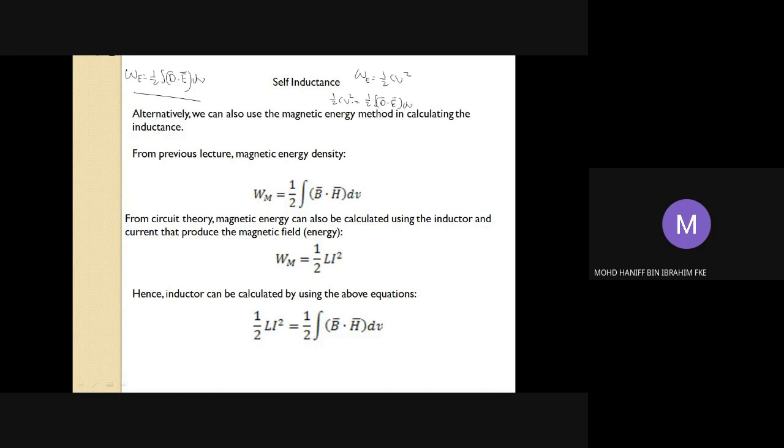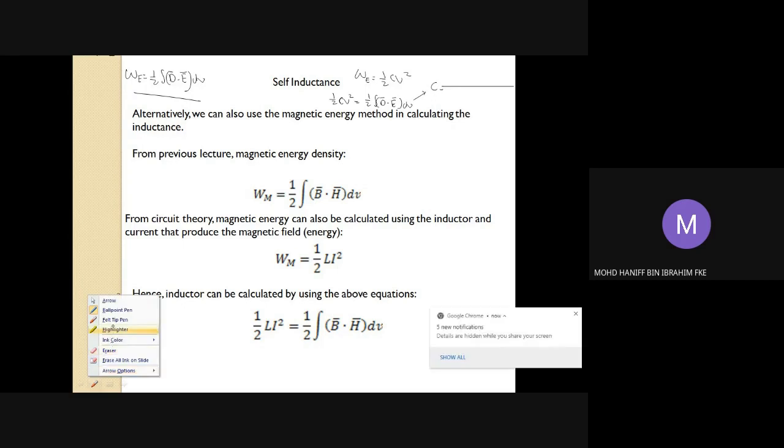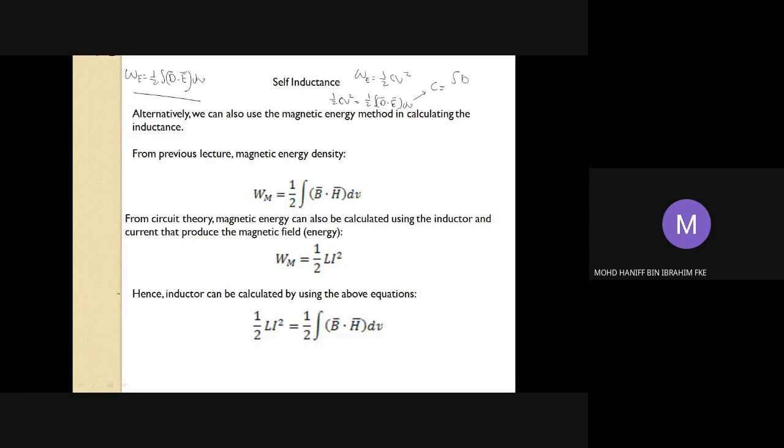So we can find the capacitance C by simply having a ratio: C equals the integration of D dot E dV divided by V squared. That is an alternative method which can be used to calculate the capacitance.